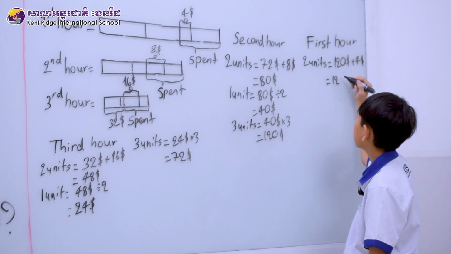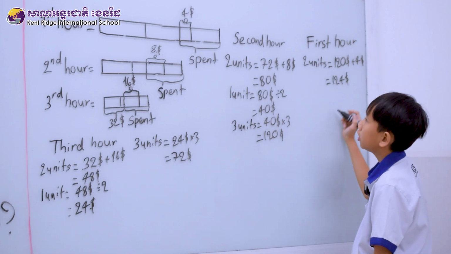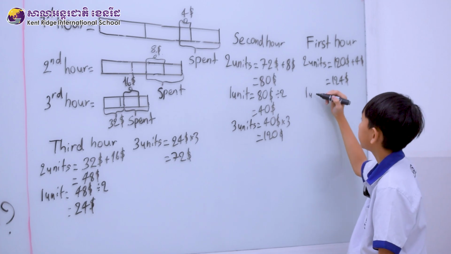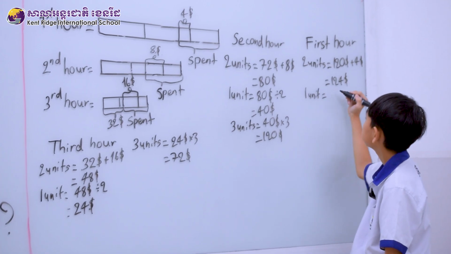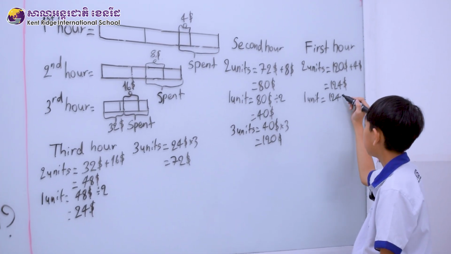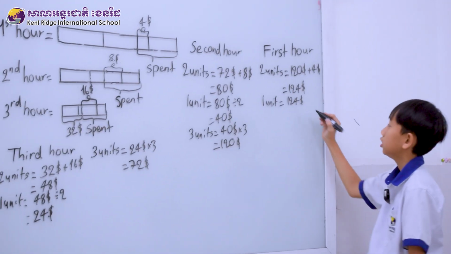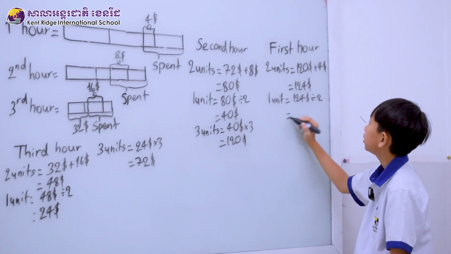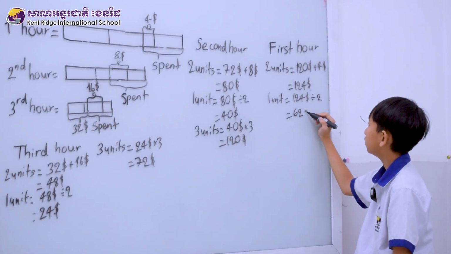And it will result in $124. Now we have to find 1 unit of the first hour, which is equal to $124 divided by 2, and we will get $62.